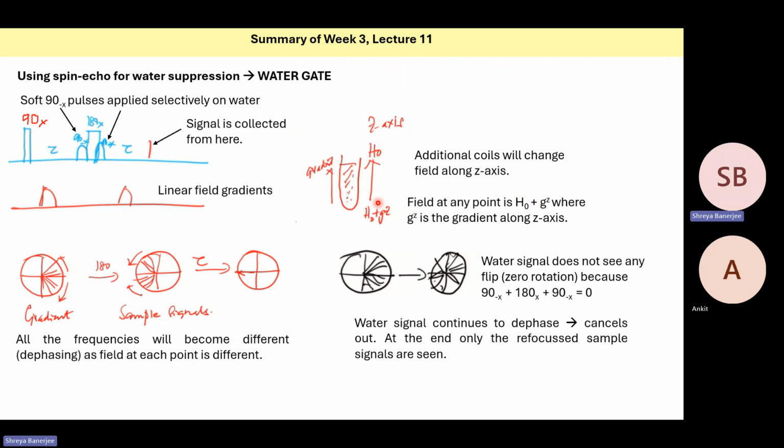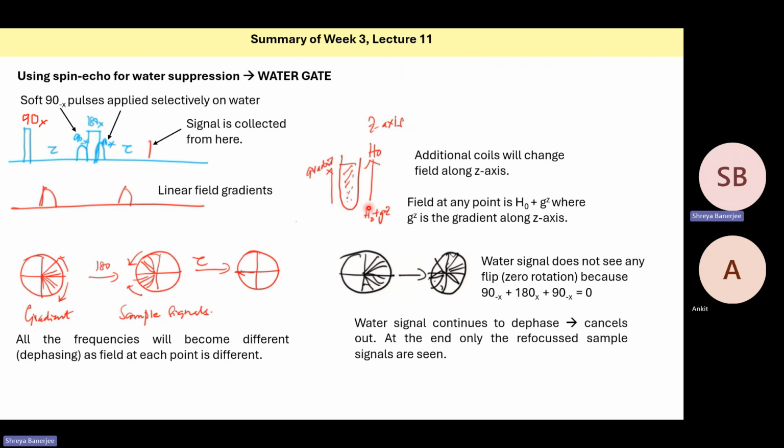So at any point from bottom to top, the field can be written as H0 plus Gz, where H0 is the basic field that is applied and Gz is the field gradient along the z-axis. So along the z-axis, this magnetic field is changing. So you are introducing a varying magnetic field.